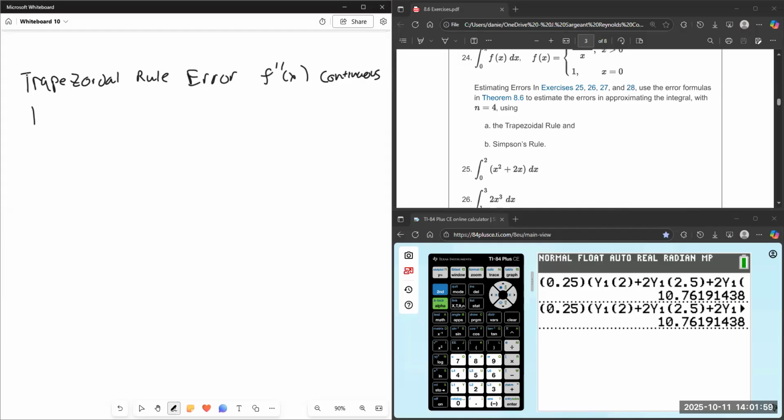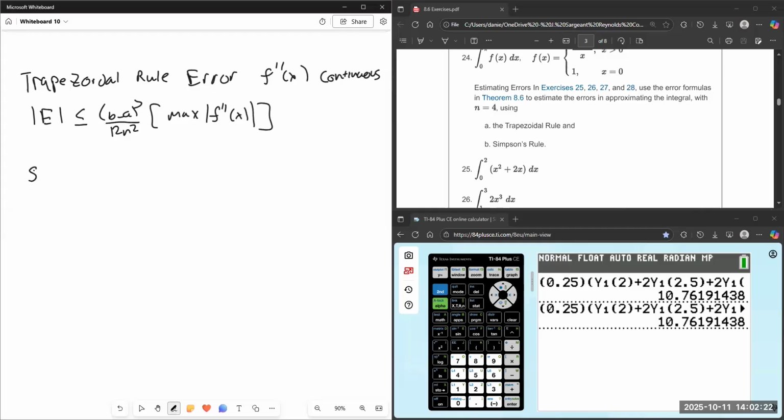And we'll have the magnitude of the error is less than or equal to b minus a to the third over 12n squared times the maximum value of the absolute value of the second derivative.